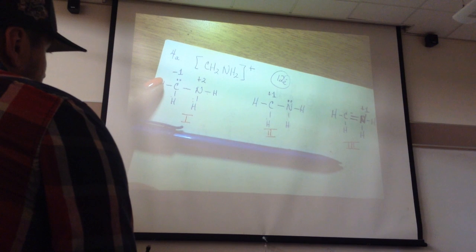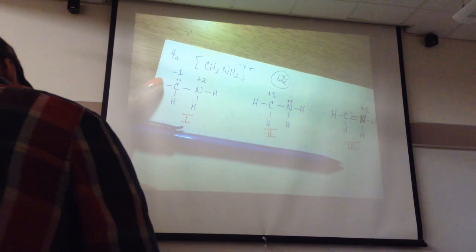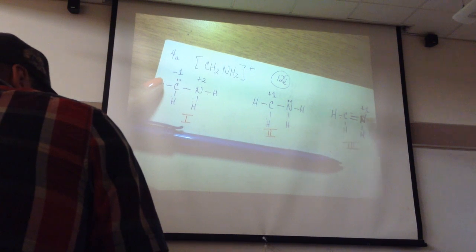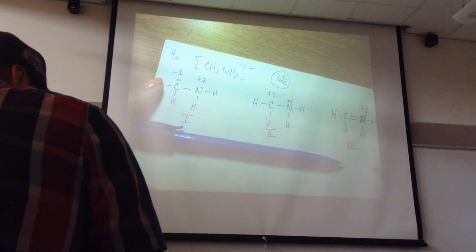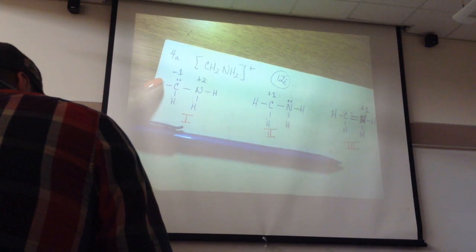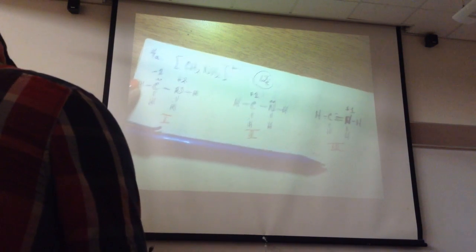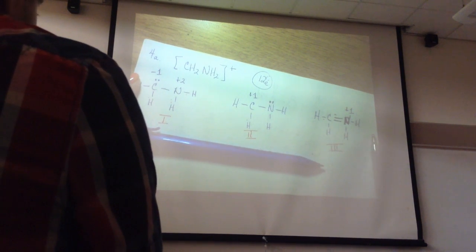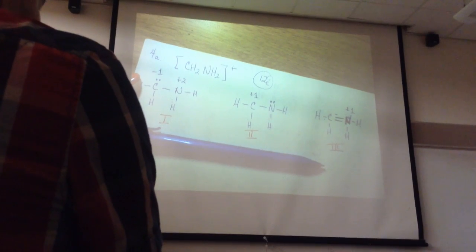That's what they mean as many bonds as possible, all right? All atoms have a full octet, as many bonds as possible, and do not use that the most electronegative atom has this charge, because the most electronegative atom is the one that wants the electron. So you would not use that in that category, okay?